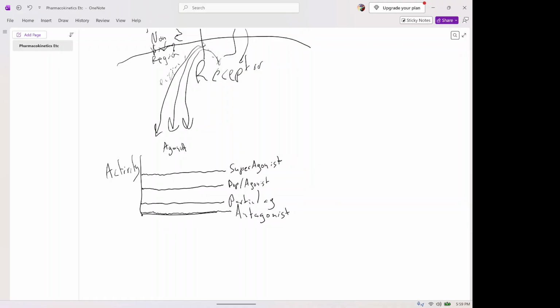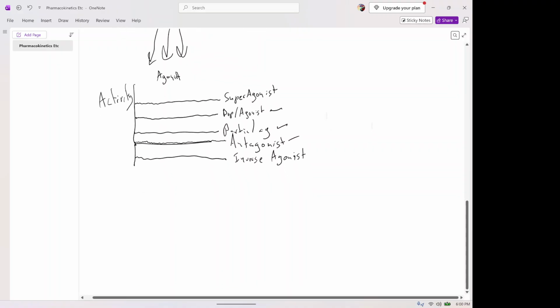That's why it is also possible to have what's called an inverse agonist, which actually stops that innate activity. But again, those aren't that clinically relevant, and so we can usually simplify the conversation by focusing on agonists, which sometimes we call full agonists to separate them from partial agonists, and antagonists. Those tend to be the most clinically relevant.